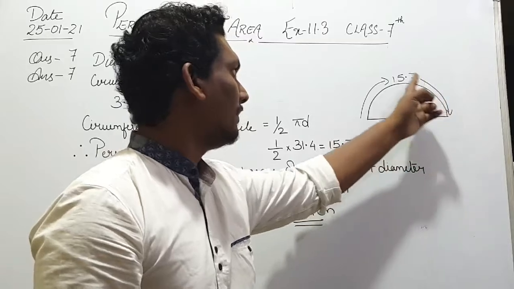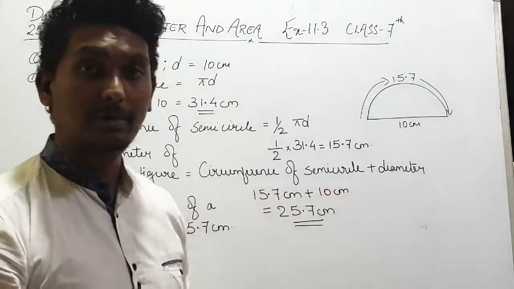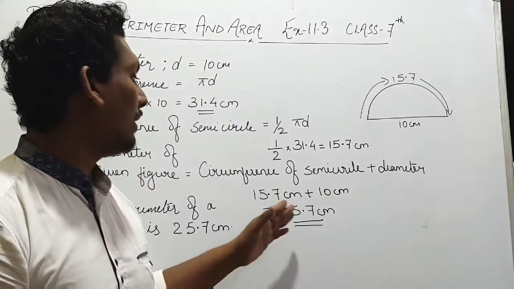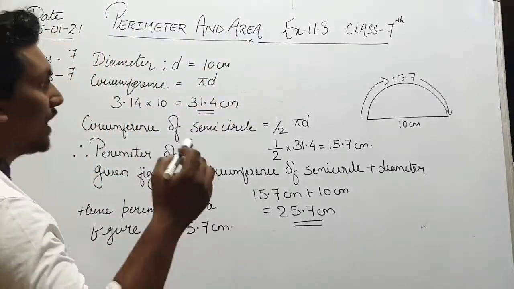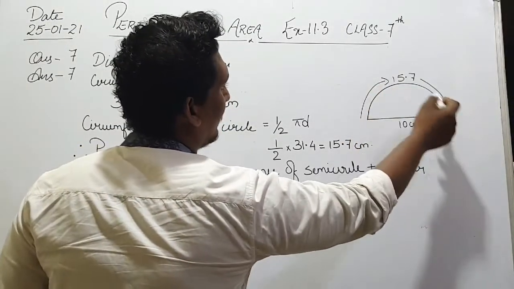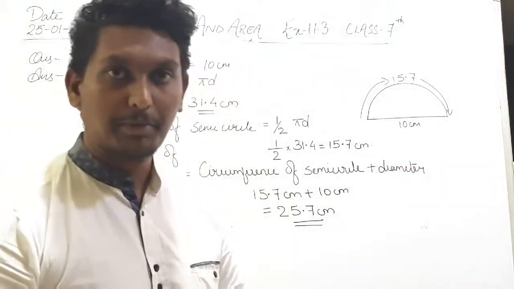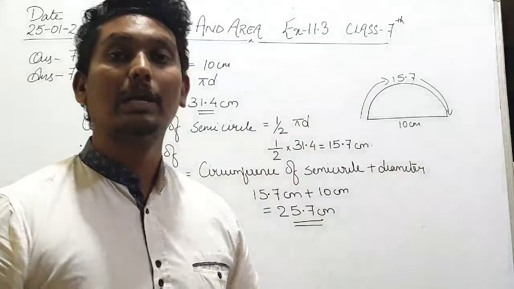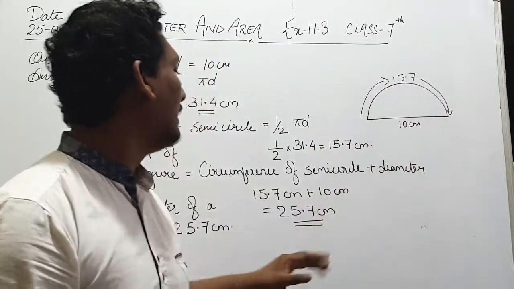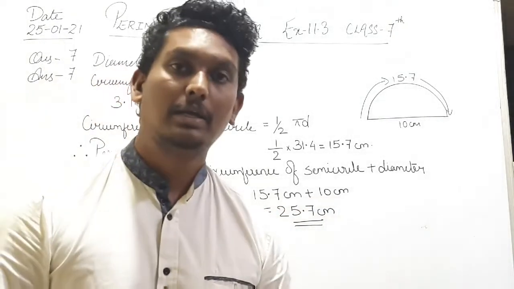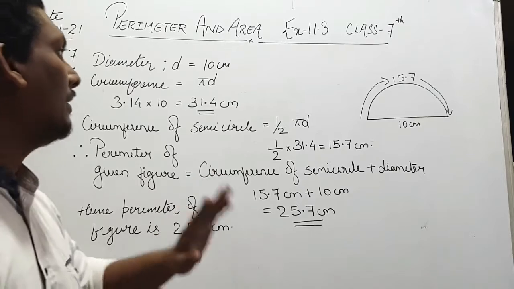So we have 15.7 centimeter plus 10 centimeter, which is equal to 25.7 centimeter. We add from this point to this point, that is 15.7 centimeter, then we add this diameter, that is 10 centimeter. The question asks including the diameter, so 15.7 plus 10 is 25.7 centimeter. This is the perimeter of the given figure.